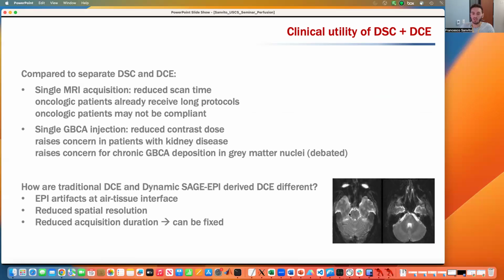So the air tissue interfaces, like at the temporal bone, will create artifacts, or other artifacts are the well-known distortions of the frontal lobes, temporal poles, and so on. The spatial resolution is lower than a classic DCE, and it's a bit shorter, but that can be fixed. You can decide to have multi-echo perfusion as long as you want.